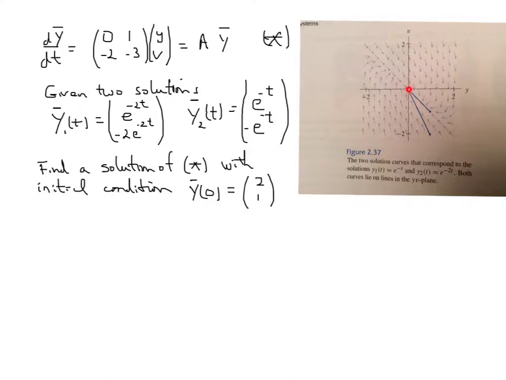But suppose I want a solution. I want to know, well, what's the solution that goes through the point (2, 1)? So roughly (2, 1) would be 2 in the y direction and 1 in the v direction. Our solution needs to pass through this initial value.